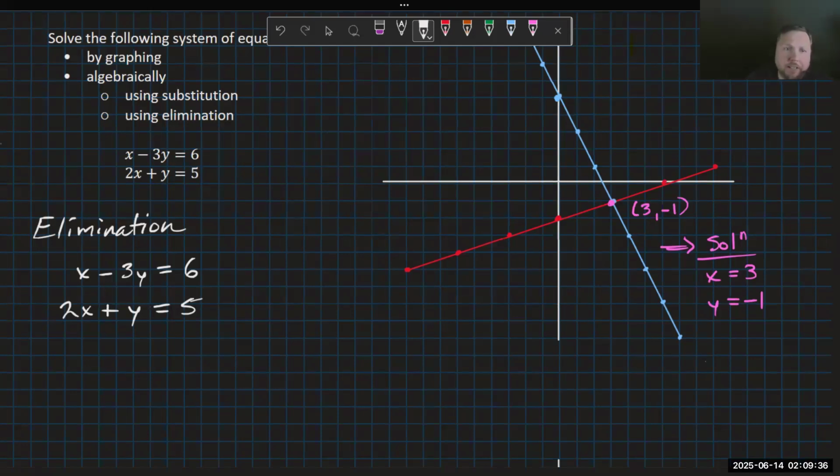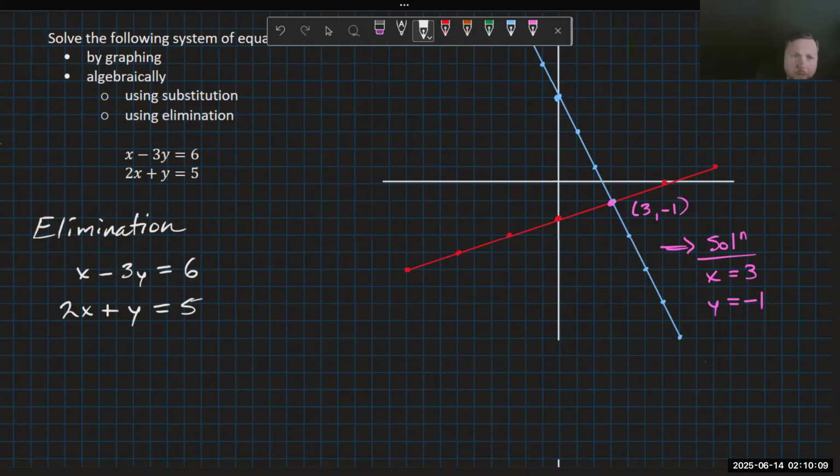The idea behind that is, this x minus 3y is equal to 6. If I want to add equations together, if the left-hand side of the first equation is equal to the right-hand side of the first equation, and I wanted to add an x minus 3y to the second equation, I can do that on the left-hand side as long as I add something equivalent to the right-hand side.